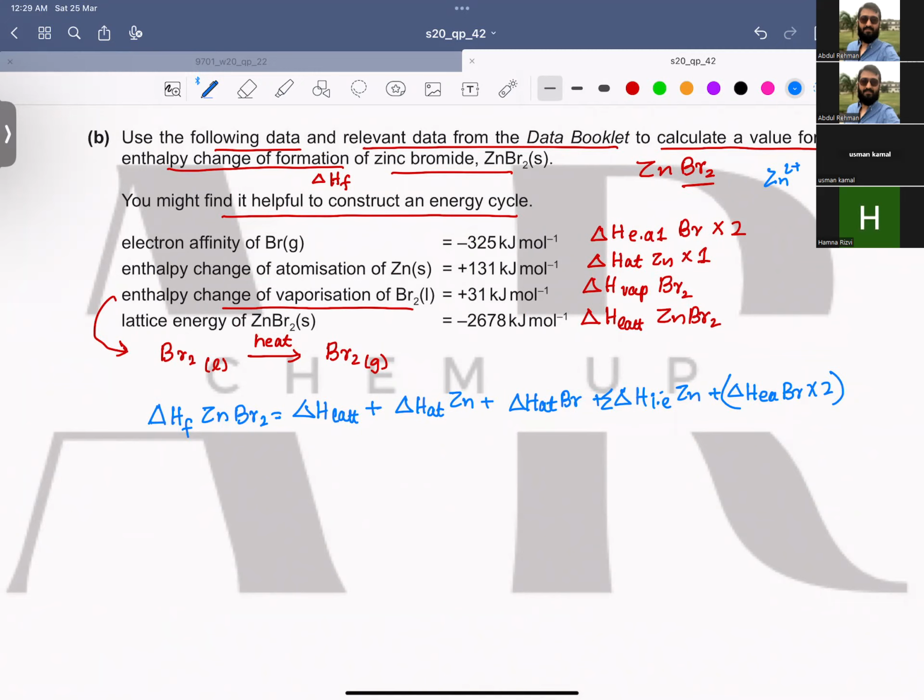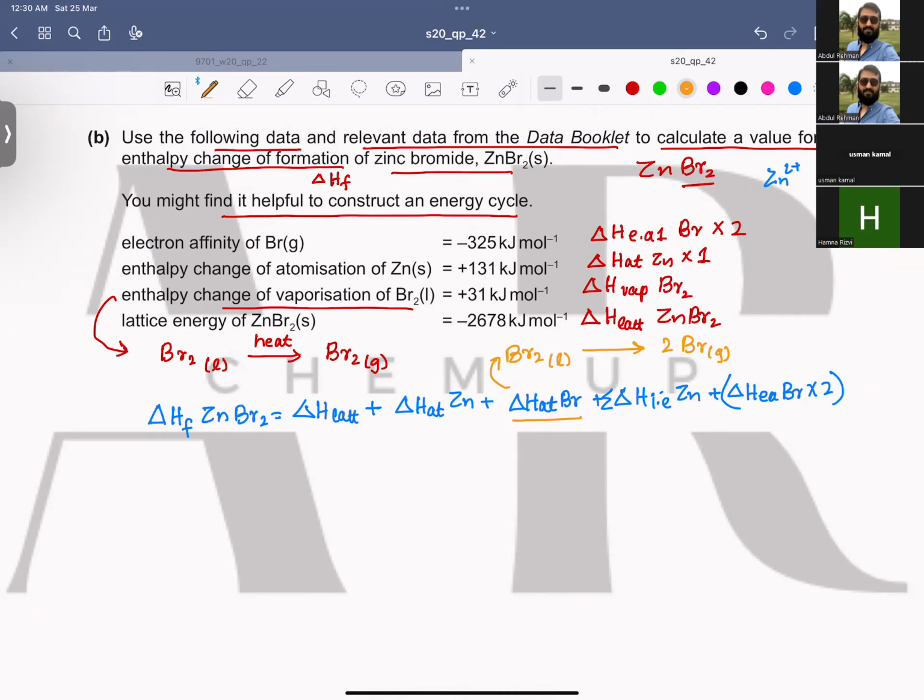ओके अच्छा, यहाँ पे थोड़ा सा ये क्वेश्चन ट्रिकी है इन टर्म्स ऑफ एटोमाइजेशन ऑफ ब्रोमीन. अगर ब्रोमीन की एटोमाइजेशन को आप रिप्रेजेंट करें तो आप कैसे रिप्रेजेंट करेंगे? You can represent the atomization in this way because if you recall atomization क्या है?